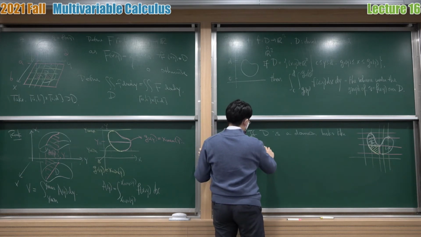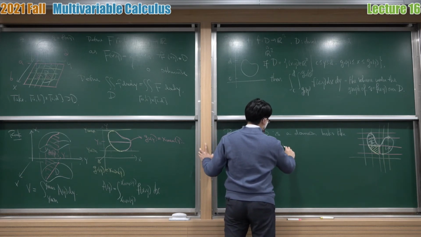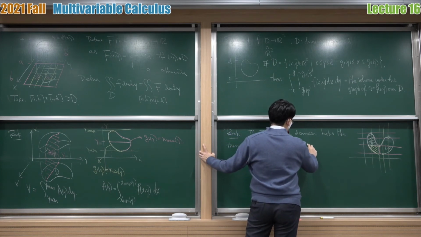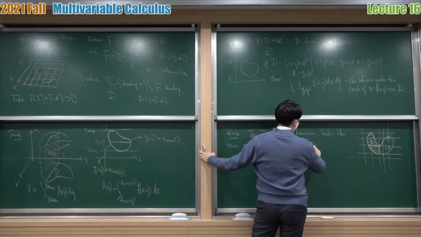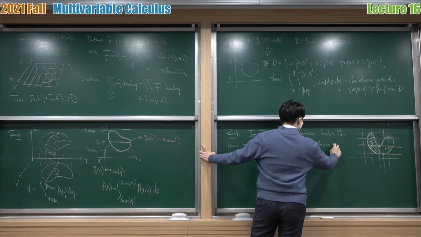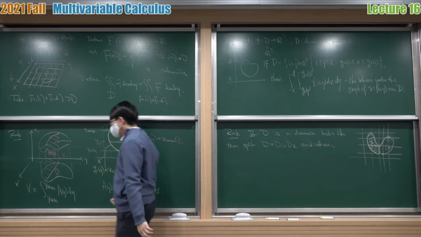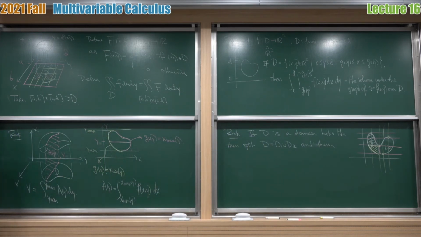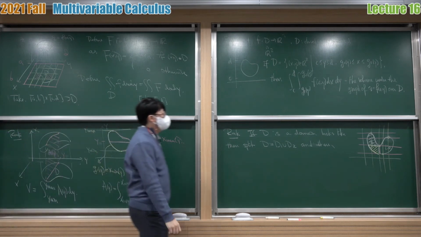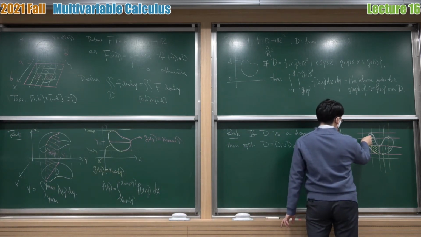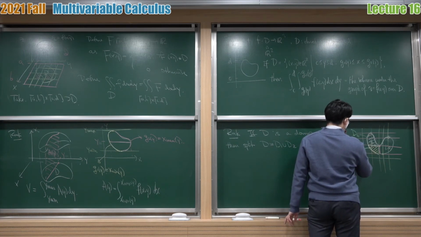So first you split D into D1 and D2, and then let me give a different name. First, the upper part is D11 and the lower part is D12.